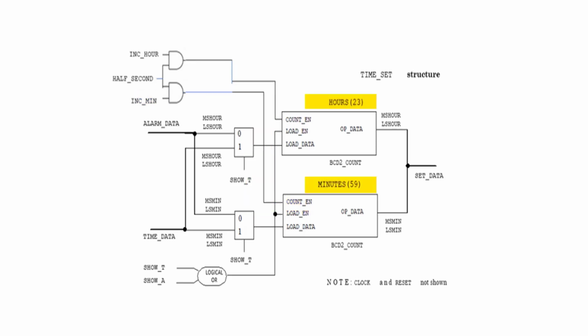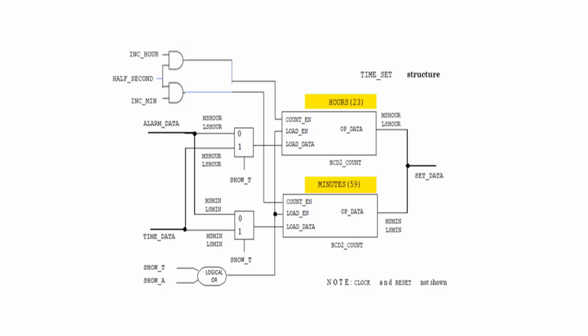We know that we must increment the time in the pattern of a 24-hour clock, that is from 0000 to 2359 and then back to 0000, where the 2 minute digits count up to 59 and the 2 hour digits count up to 23. Hence, the maximum count for the hour instantiation is 23 and the maximum count for the minutes instantiation is 59.